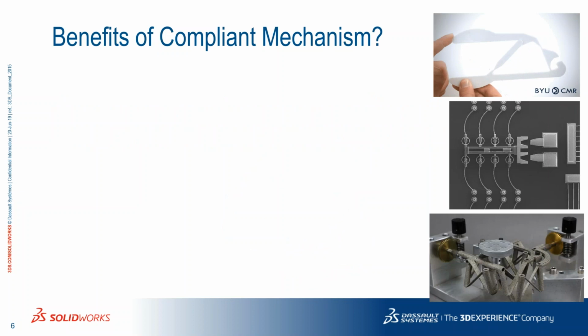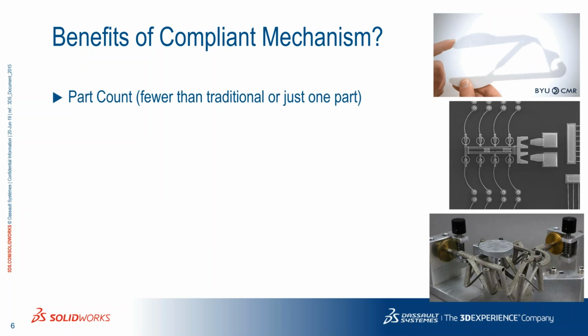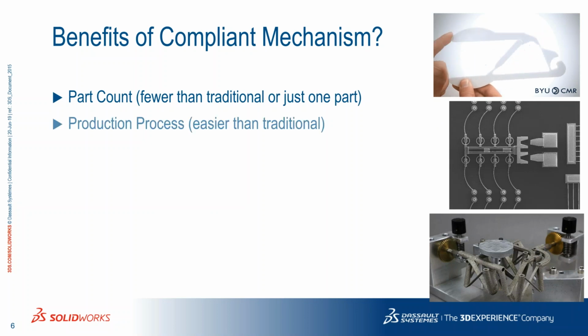What are the benefits of compliant mechanisms? There are a lot. Basically, for example, the part count. Of course, this is intuitive. We have fewer or just one part compared to a traditional mechanism, so it's better because we can control it better and more precisely.